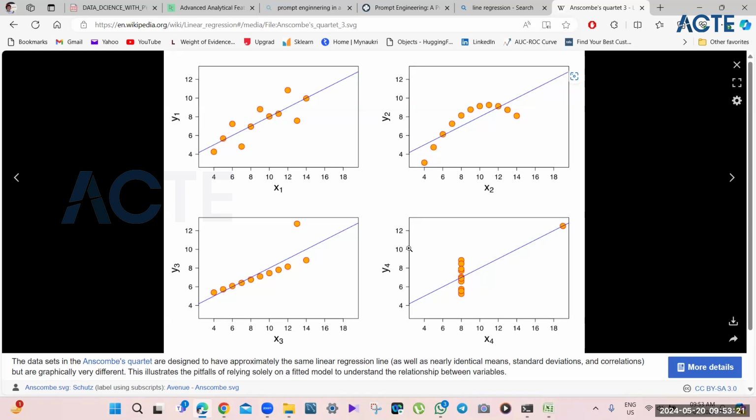There is something called non-linear regression, which is a little advanced, so let's not get confused. Focus on linear regression. Linear regression means you can plot a straight line, and based on that straight line, you can predict the future values.